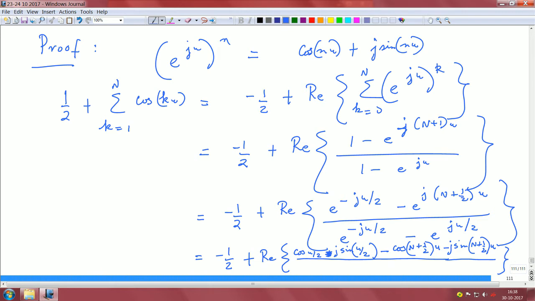Okay. Now, this is again cos u upon 2 minus j sin u upon 2, minus, so there is a big minus here and then I just have to put a brace here appropriately, and there is a plus here.